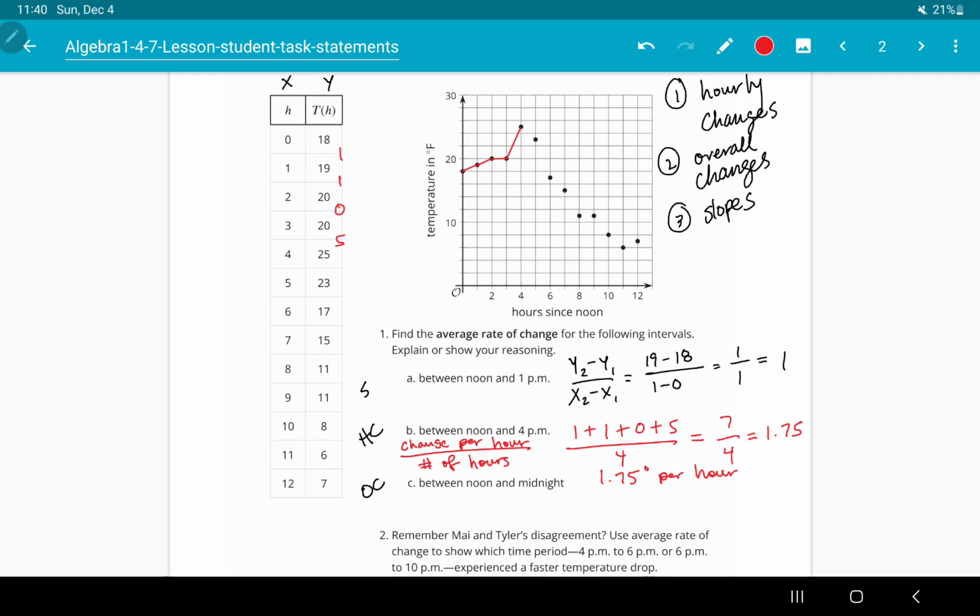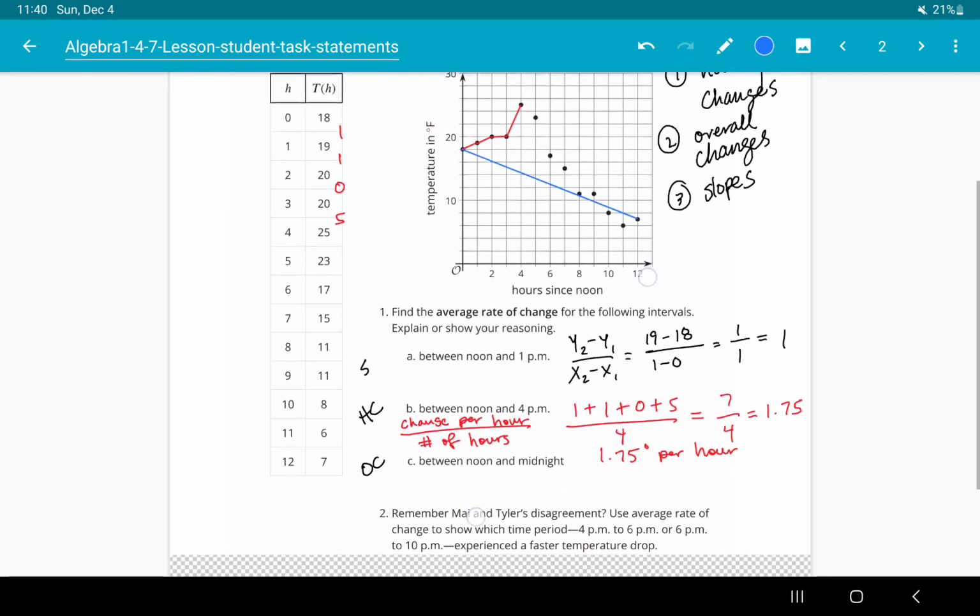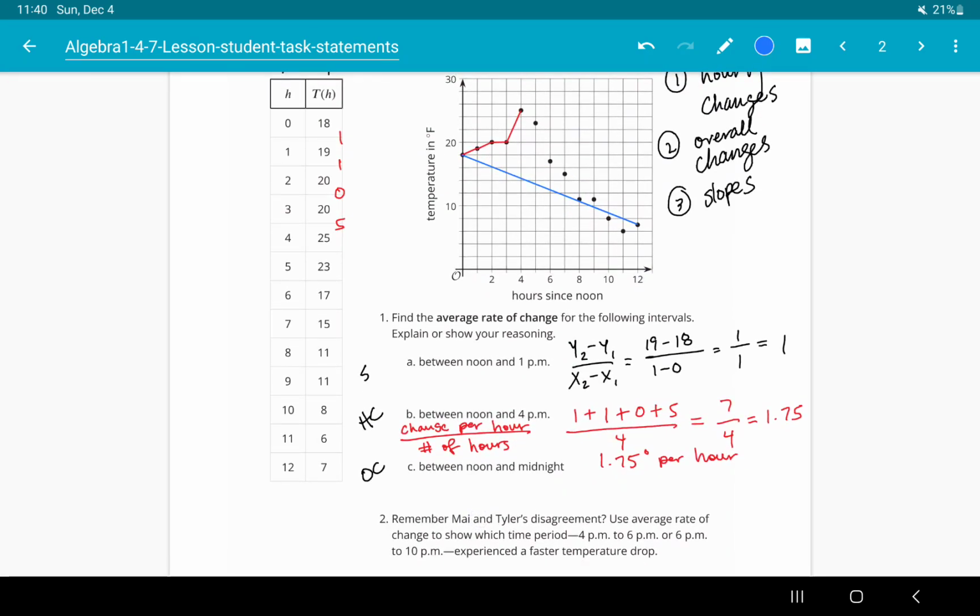Okay, and then the last one is we can do overall changes. So let's say between noon and midnight. So that's going to be from here to here. And it's very similar to finding slope, except instead of using the slope formula, we can just think about how many hours it changed overall.